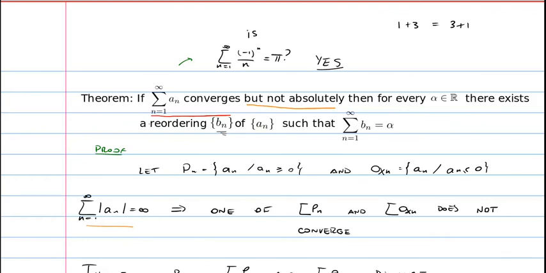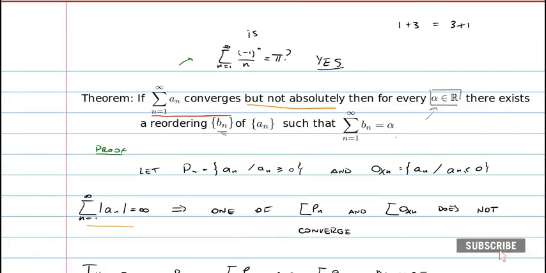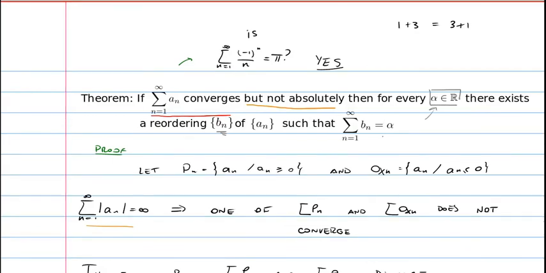But what's impressive about this theorem is that for every real number, there is a way to reorder our sequence so that the new sum converges to this real number. So when we're working with infinite sums, then we don't have the commutative law. And that is something very important to remember.